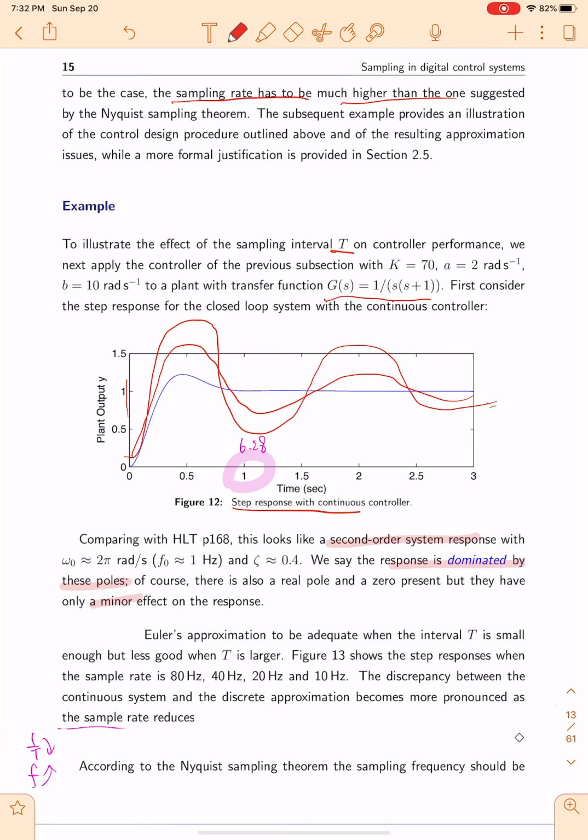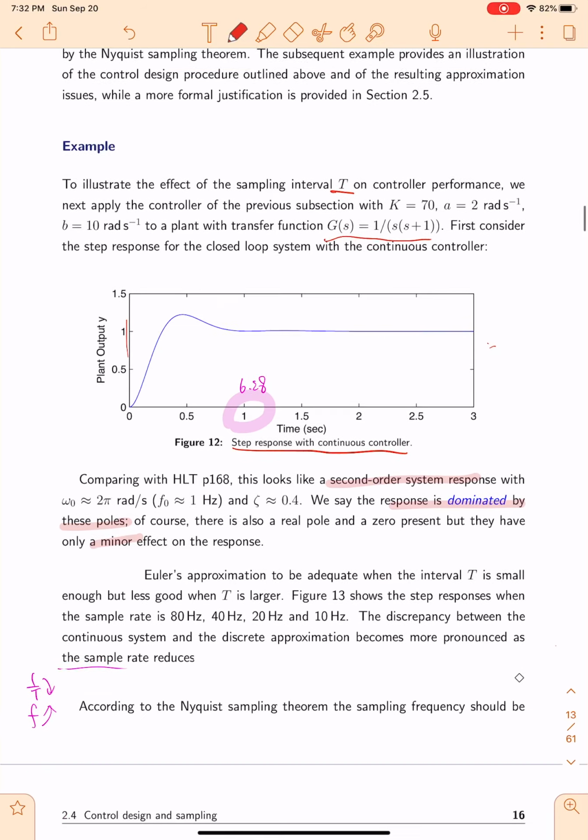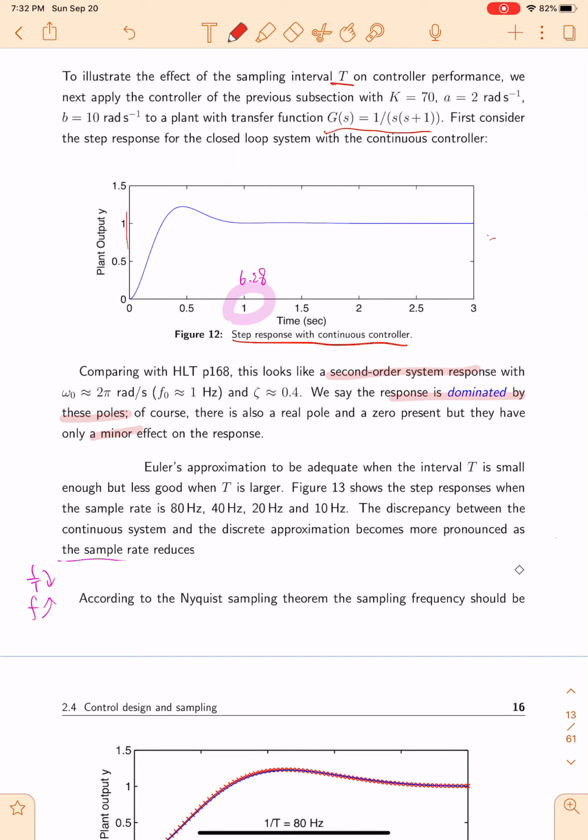Step response with continuous controller. Let me delete this graph to make it clean. It looks like a second order response with omega equals 2 pi f0 equals 1 and the damping coefficient to be 0.4. So these are from the graph we are given. It will have the graph annotated with the different damping coefficients.